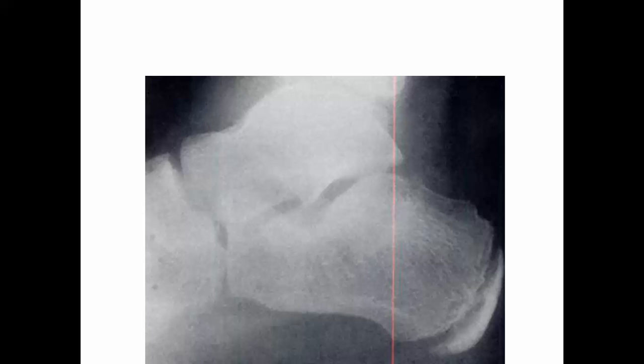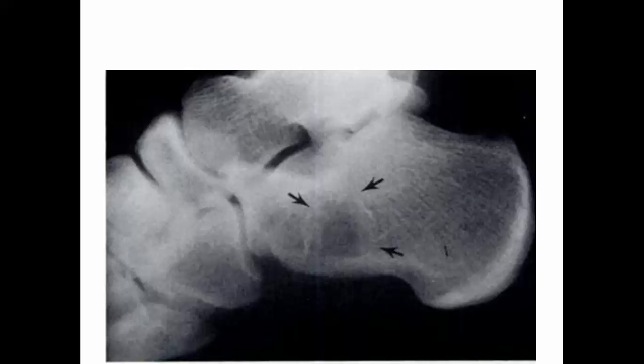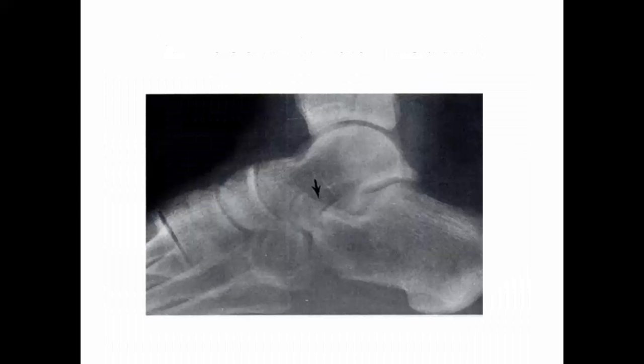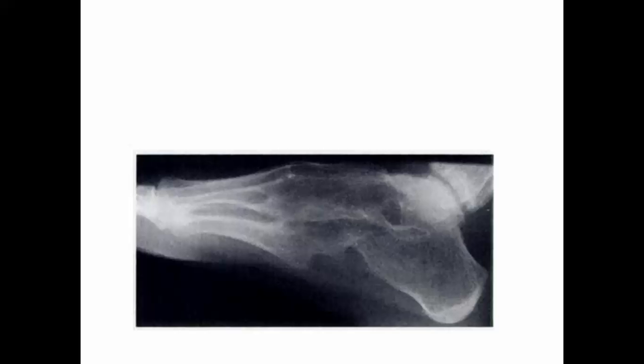This is the typical normal, and this is a radiolucent area or cyst-like pseudocyst of the calcaneum, which is again normal, and this is coalition. This is talar ankylosis, tarsal ankylosis.